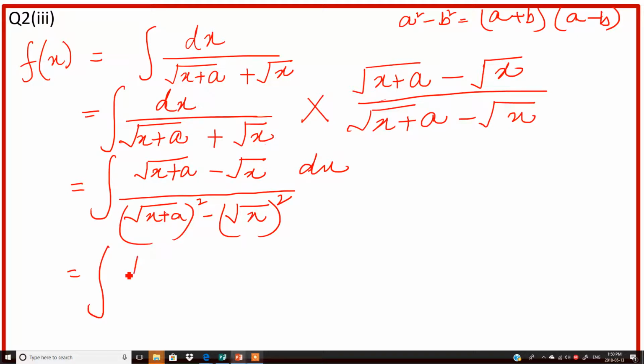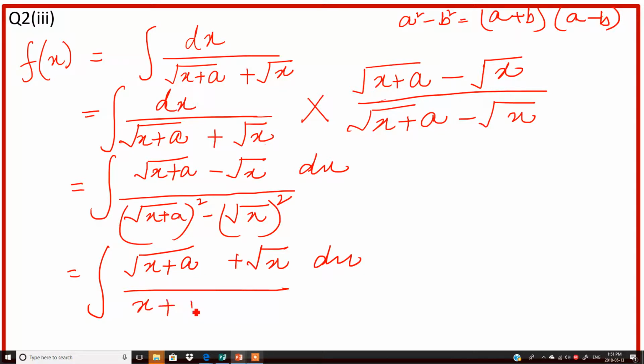Now we will simplify it. The numerator will remain the same, that is under root x plus a plus under root x dx, divided by, see, this square and this under root will cancel, so we have x plus a, then we have negative, so it will be negative x. This negative and positive will cancel each other.